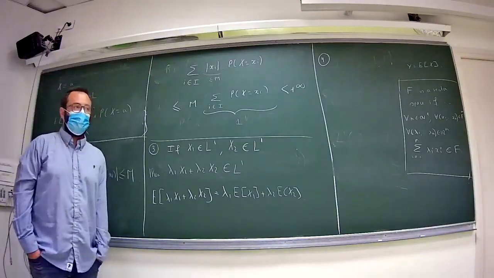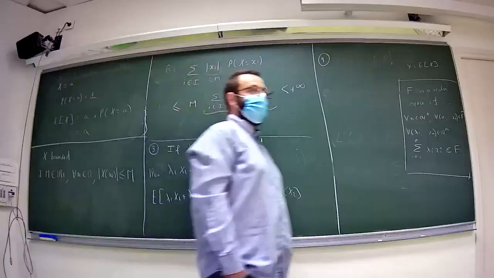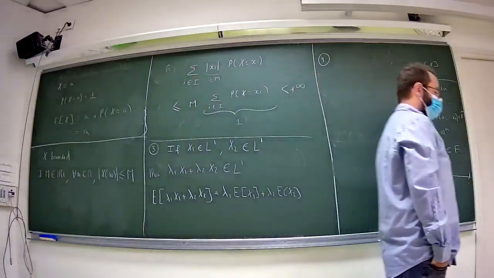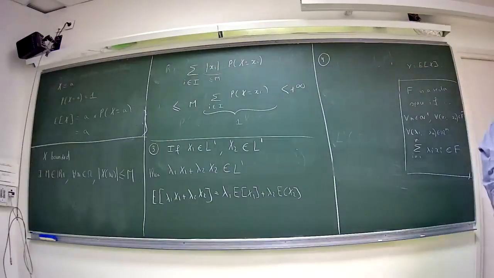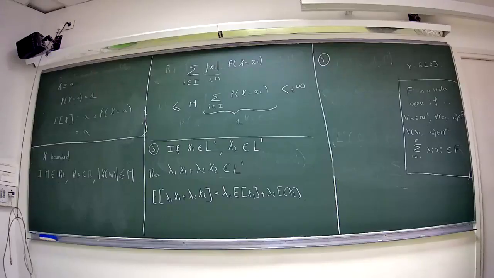So a priori, the set L1 is a vector space. It means that you can do the sum, you can multiply by a number, and you are still in capital F. Be careful, I have not said here that when you multiply random variables in L1, you have something that is in L1. In general, it's not the case.